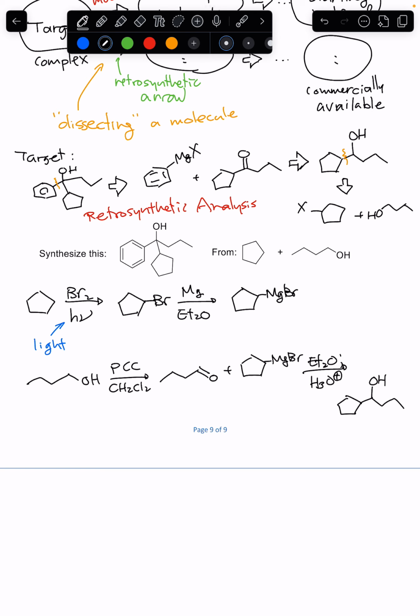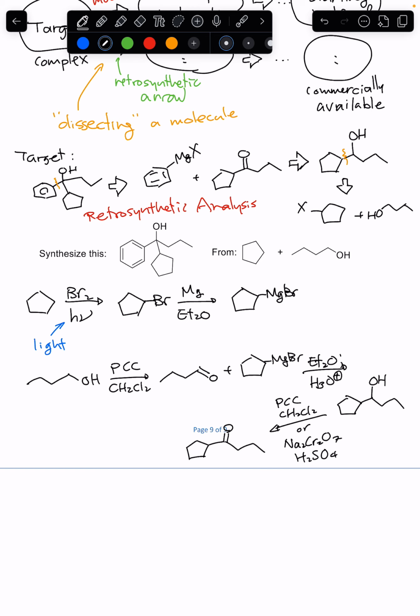Now, from here, we want to think about the synthesis of that. What needs to happen? Oxidation. So this could be done either by PCC in dichloromethane, or chromic acid made from dichromate and sulfuric acid. Either would do that because it's a secondary alcohol, right?